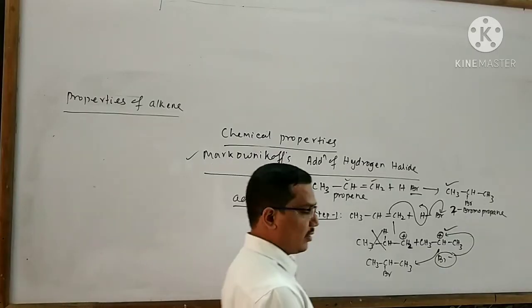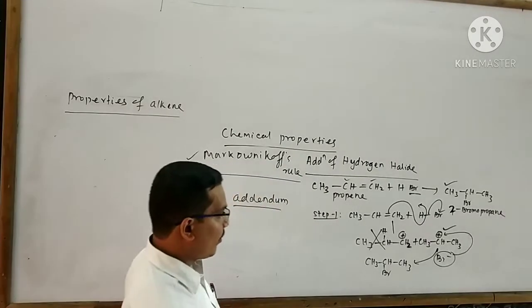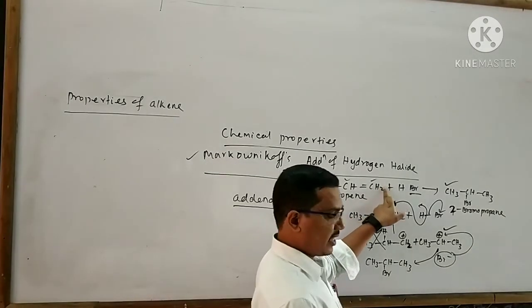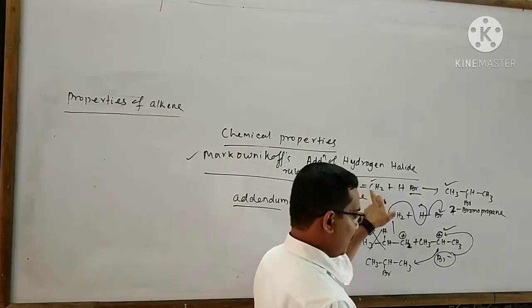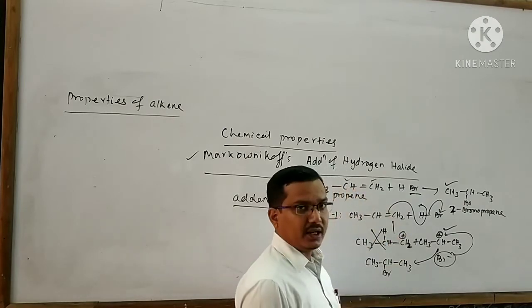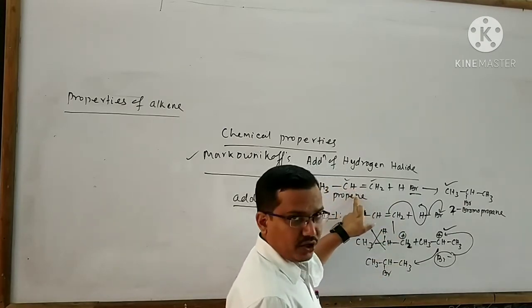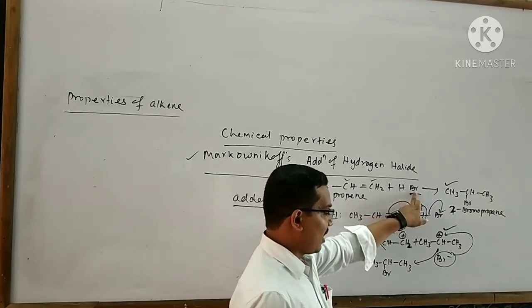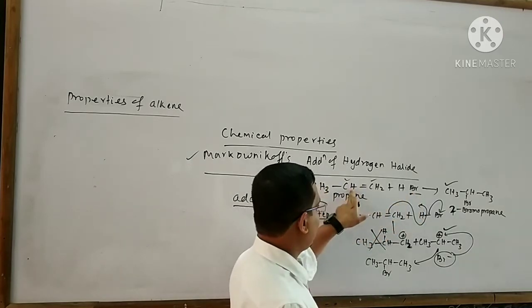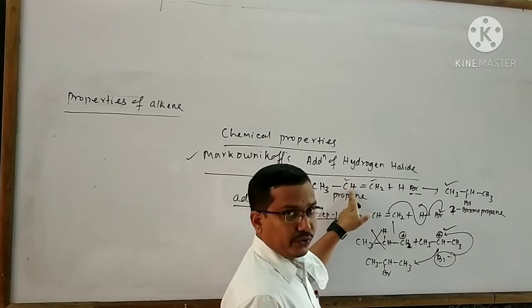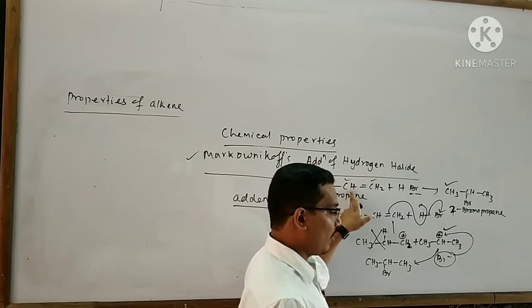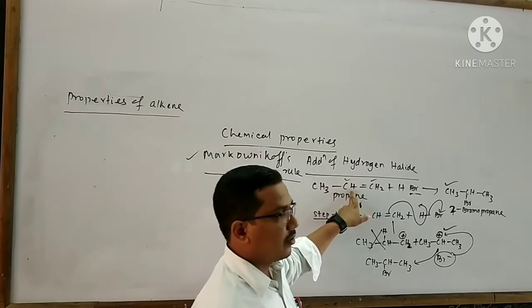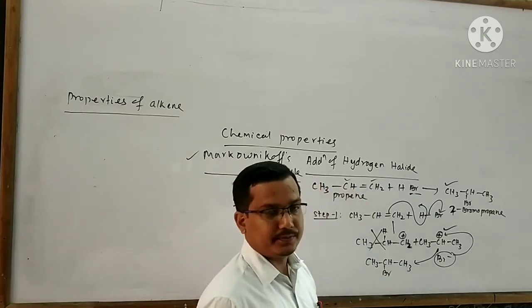Again, I will repeat what Markovnikov's rule is. When an addition reaction takes place across a double bond in an unsaturated molecule, then the negative part of the addendum goes to the carbon atom to which a lesser number of hydrogen atoms are linked.